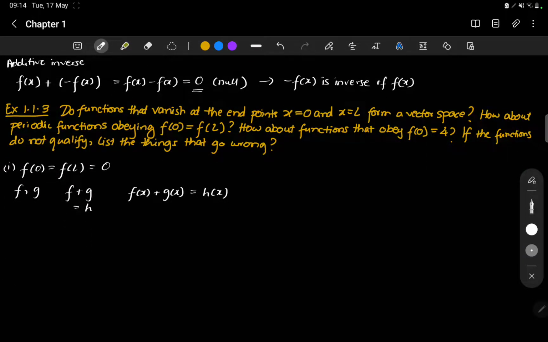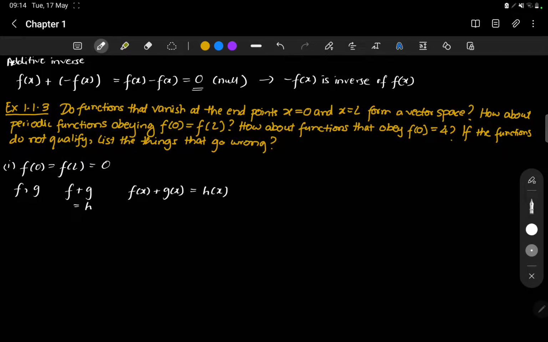Now, do these functions follow this property that we have defined? Well, of course, yes. Why? Because f of 0 plus g of 0 is nothing but 0 plus 0, which is 0, and this is equal to h of 0, and this will also be equal to 0.